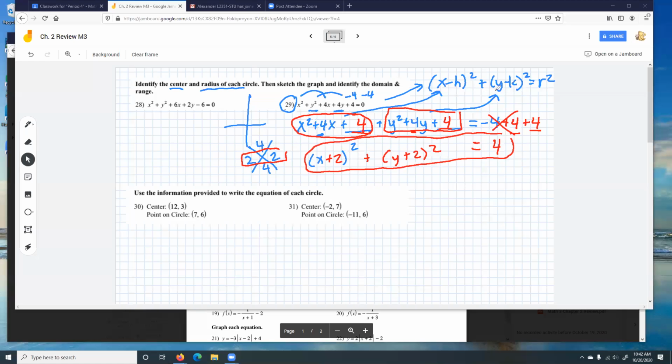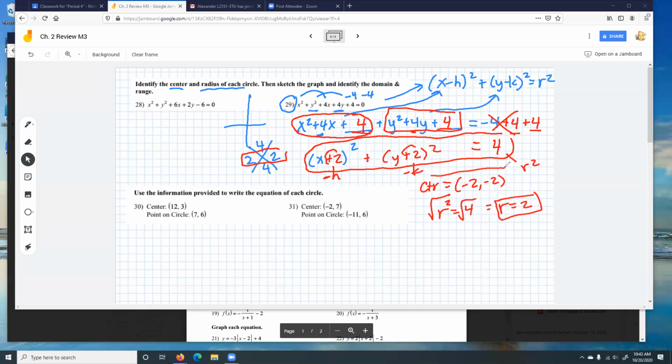So this tells me, hey, the center, here's my h, here's the opposite of h, here's the opposite of k right here and here. So -2, -2 is the center. And the radius, this is the radius squared, right? Radius squared is 4. So I need to square root both sides. So the radius is 2.